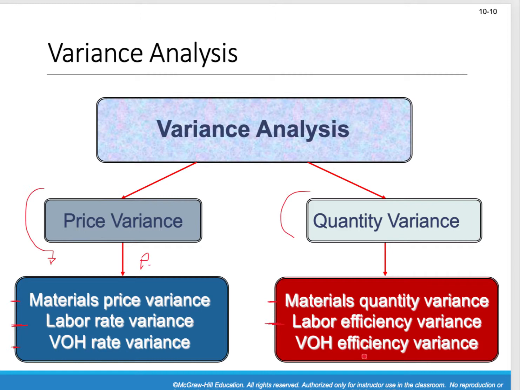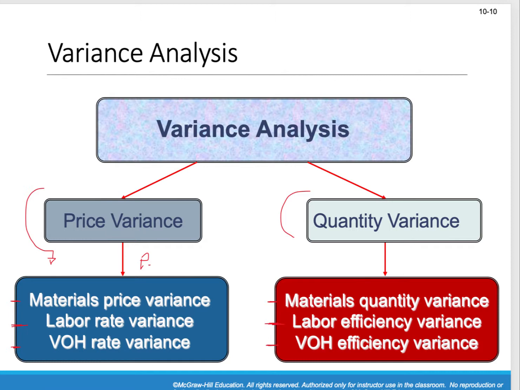Same thing for variable overhead: the quantity variance for variable overhead we call the variable overhead efficiency variance. Don't get confused. At the end of the day, we're doing the same exact calculations; we just call them different names. If you can do it for materials, you can do it for labor and variable overhead, and vice versa. So not too bad.